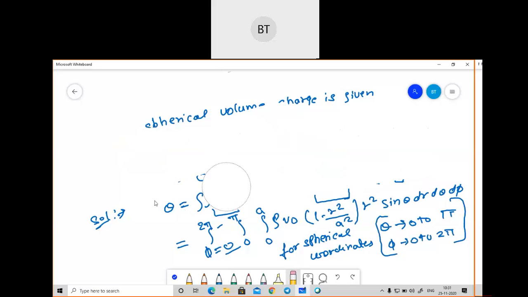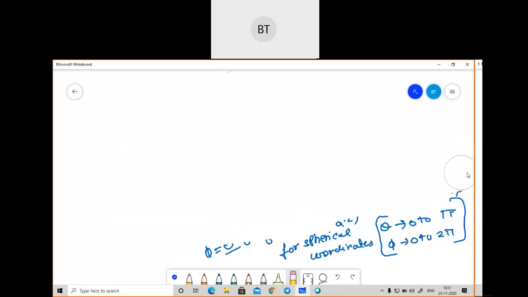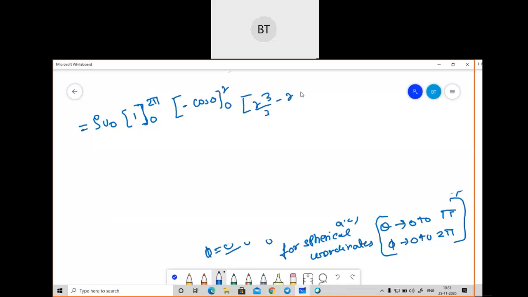So now let me open the bracket. After opening the bracket, what I will get is rho 0 into the integral from 0 to 2 pi, which after integrating becomes 1. Then I'll write minus cos theta from 0 to pi, and the radial part will be r cube by 3 minus r to the power 5 by 5a square, with the limit from 0 to a.